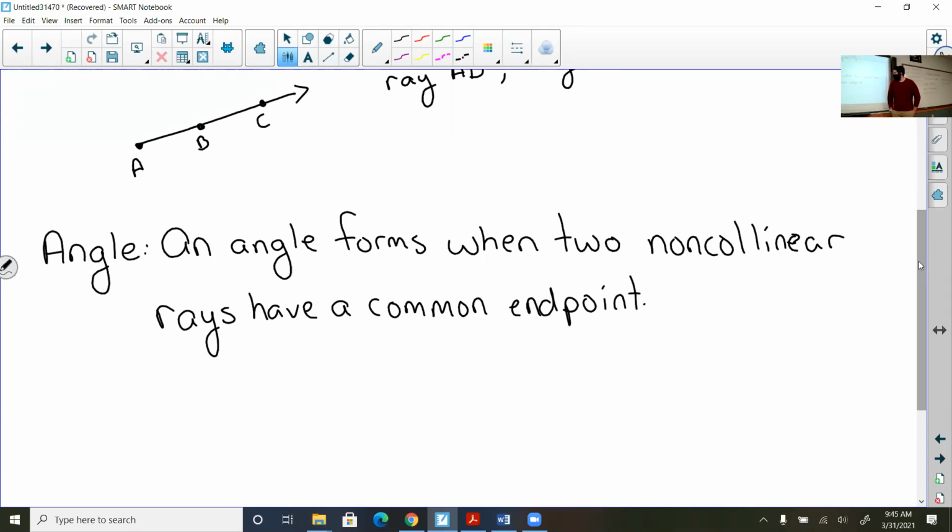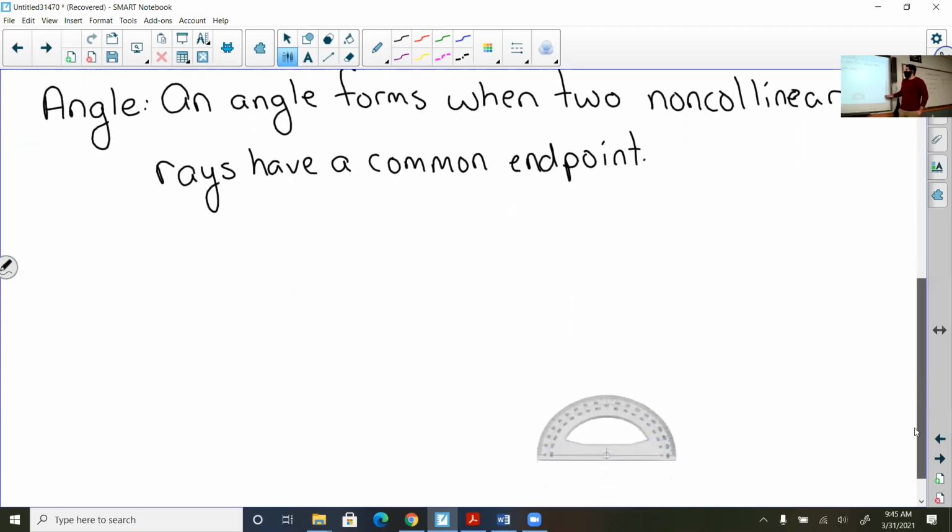Well, why would I throw that word in there of non-collinear? Well, in math, you have to think of everything that could happen. And if I just made a blanketed statement that says when two rays connect at the endpoint, they form an angle, technically there is one thing, well, actually two things that could happen that prevent an angle from being made.